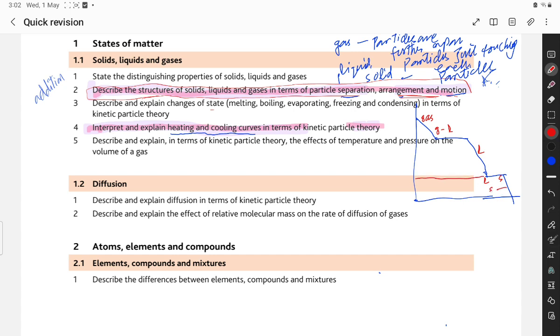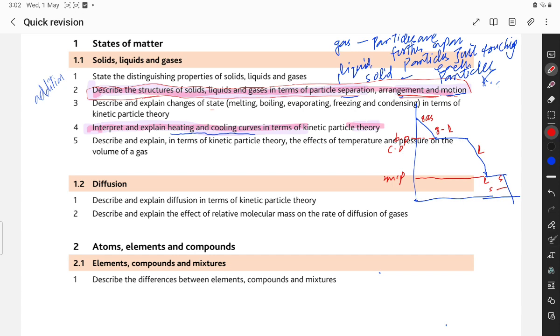You know this is the melting point, and again this is the boiling point or condensing point. You can assume that this is also condensing, because gas is going to condense into the liquid state.